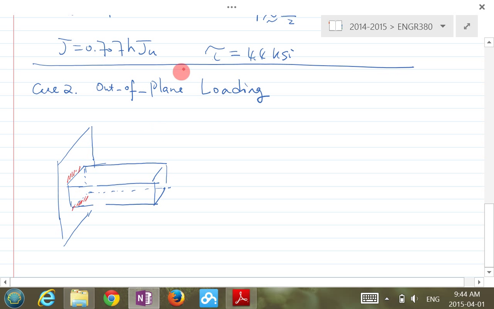And then the force is applied over here, at the tip. The welds maybe have a notation like that, and H, something like this. So this is what I call out-of-plane loading. So why is it out-of-plane?